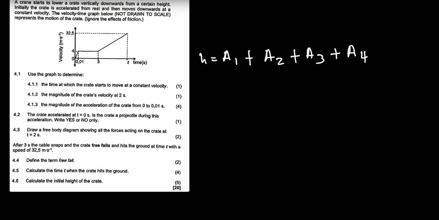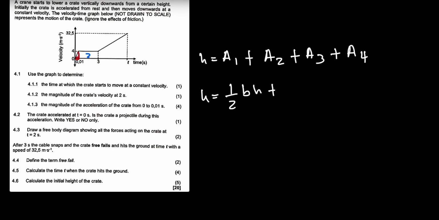So now the first area is going to be this triangle here. So remember now, if you are looking for the triangle, you use now the area of a triangle, which is 1/2 base multiplied by height. And then now the area 2 is going to be this one. Area number 2, remember now that is just a rectangle.